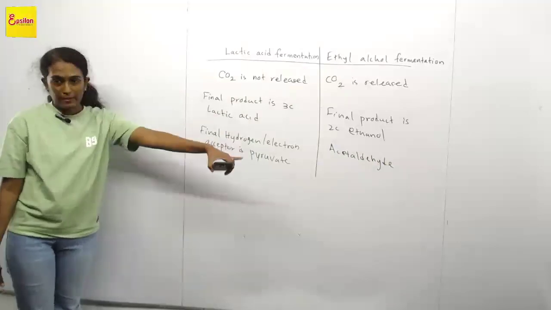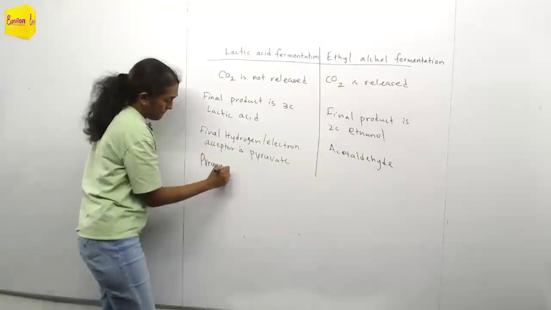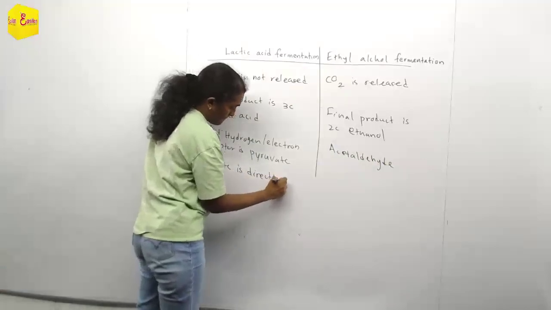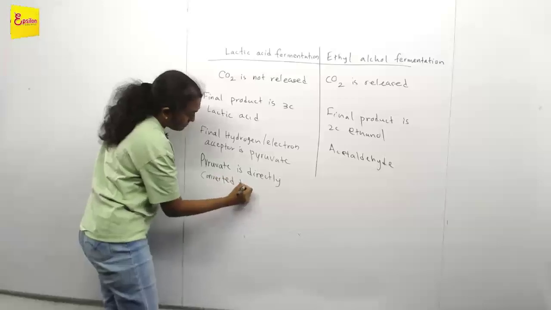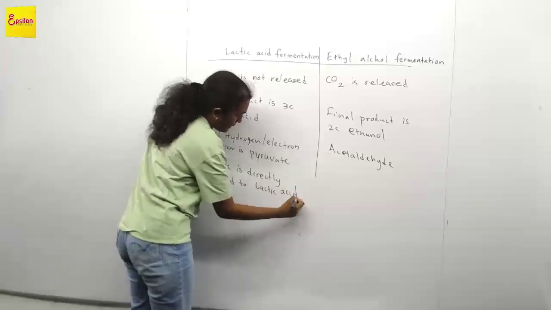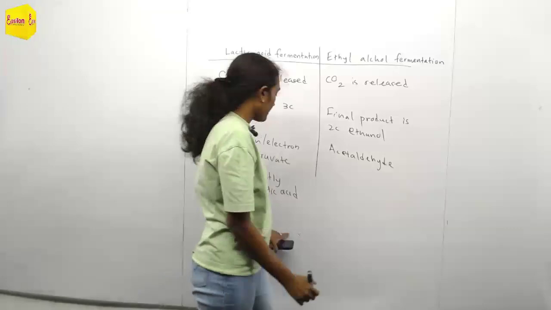Here, 2 steps. You can write examples of organisms also on both sides as given in the book.